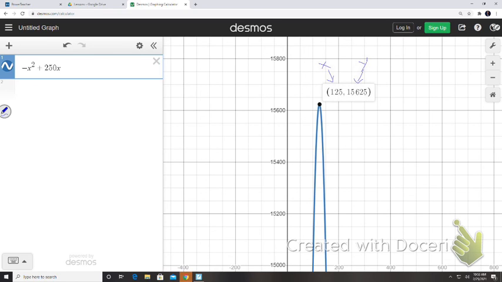Okay, true. Is y the length next to width? You're very close. Okay, so x is going to be our width. When we had our problem, remember we had negative w squared plus 250w, right?